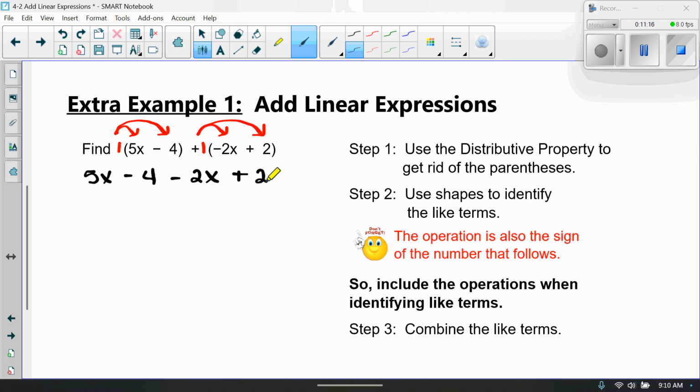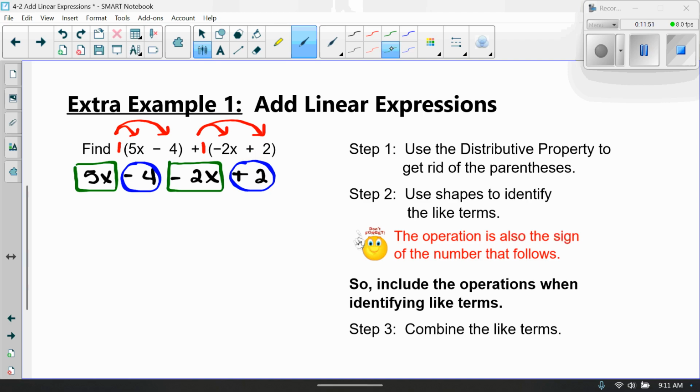Now we're going to use our shapes to identify our like terms, keeping in mind that the operation is also the number that follows, so when I circle them, I want to include the operation. So we've got some x terms. There's a positive 5x, and we've got a negative 2x there. And we've got a negative 4 and a positive 2. And now our step 3 is to combine our like terms.